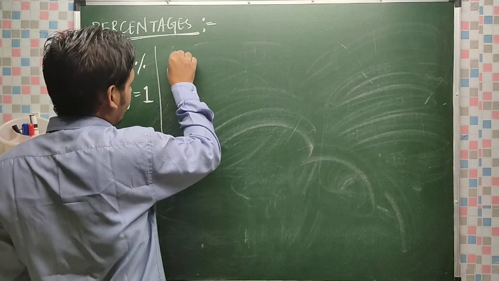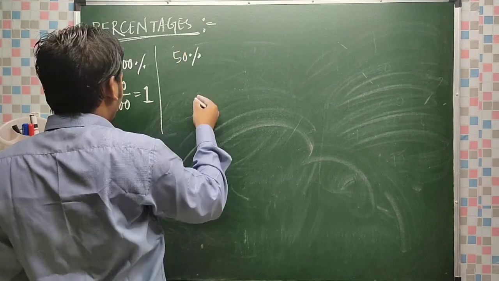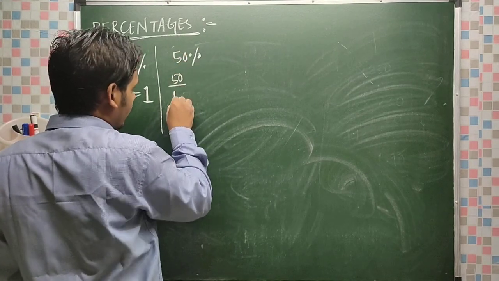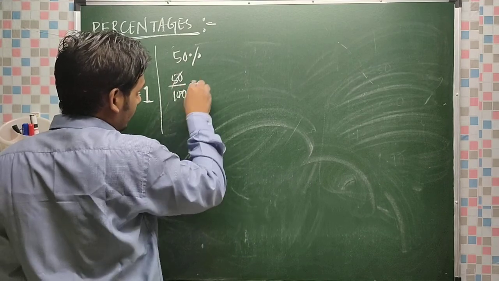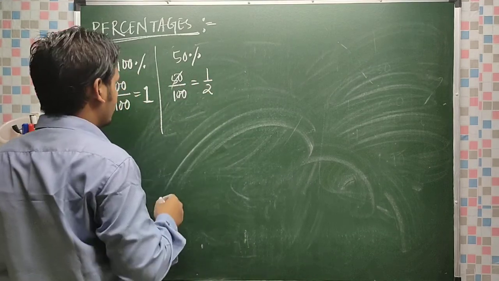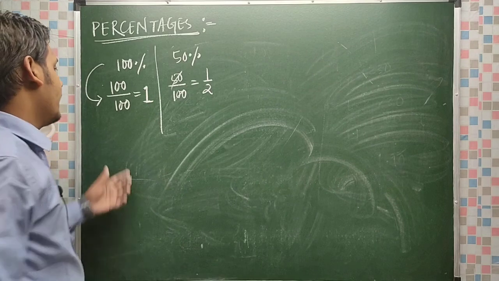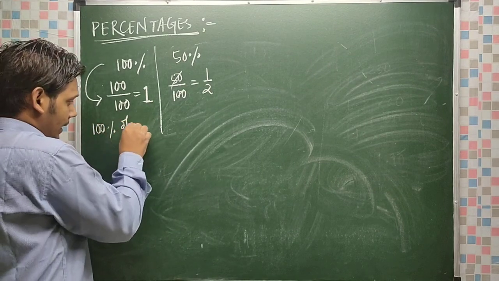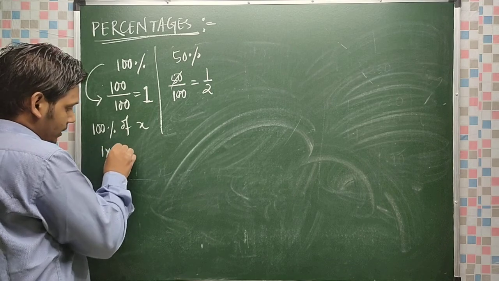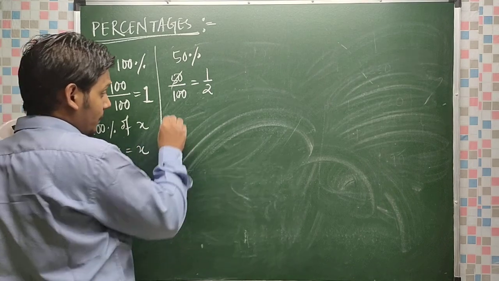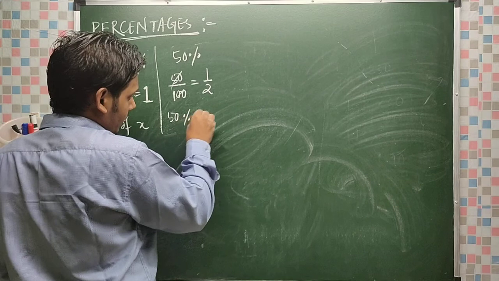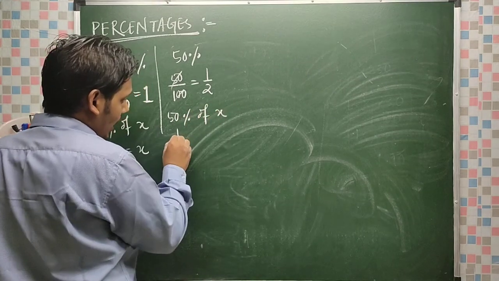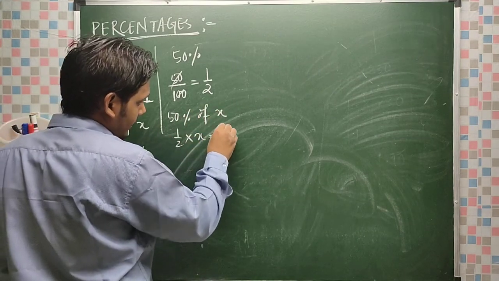Half of 100 is 50%. 50% means 50 by 100, that is 1 by 2 of that number. 100% of x means 1 into x, that means that number only. 50% of x means half into x, x by 2.